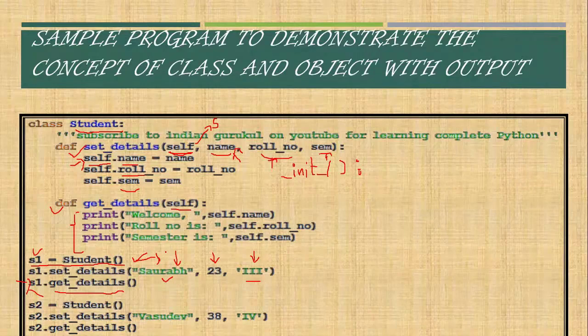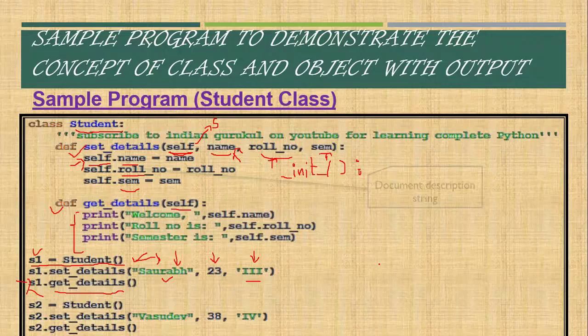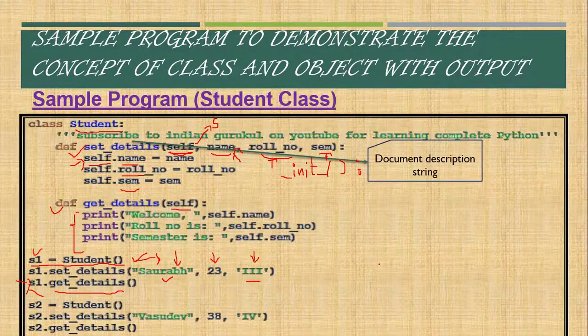In the same way, when s2 dot get_details is called, all these three statements will be executed once again, and it will be written as welcome Vasudev, roll number is 38, and semester is 4th. So this was our student class.